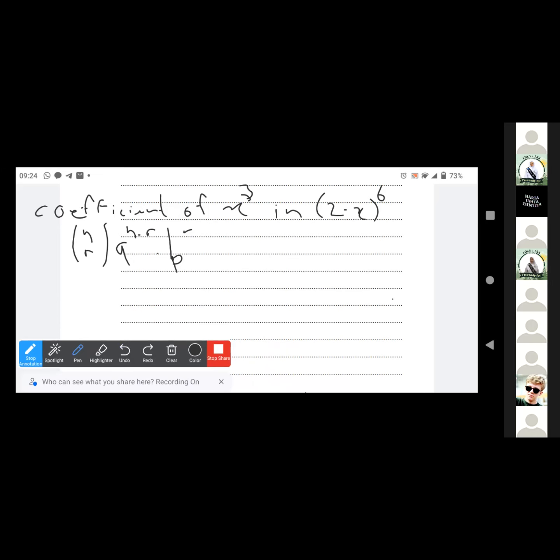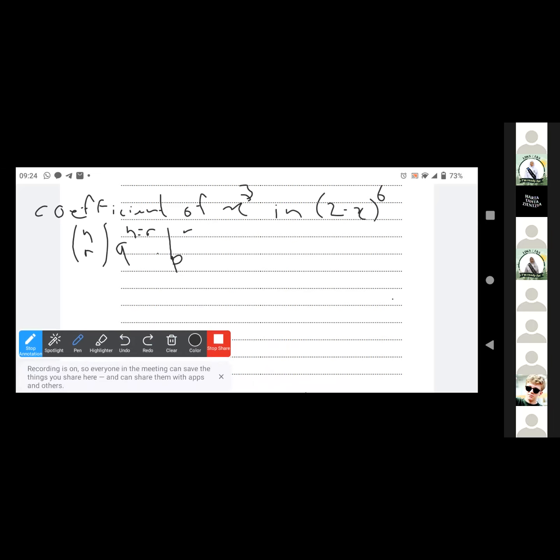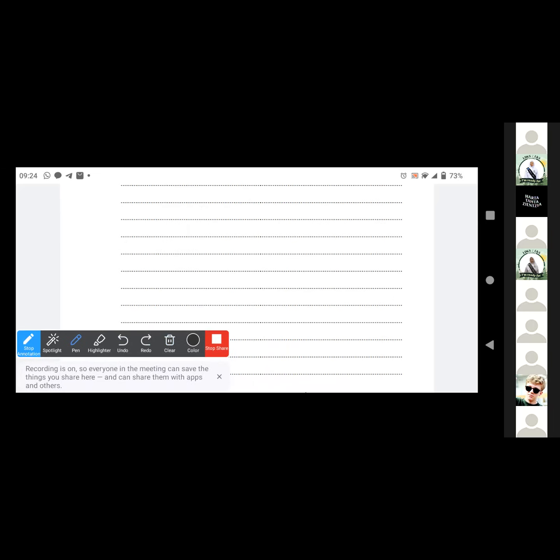Itu Mister yang clear mungkin bisa. Yang clear ya, coba saya. Oke, udah biarin ya. Pokoknya itu A pangkat R, B pangkat R.